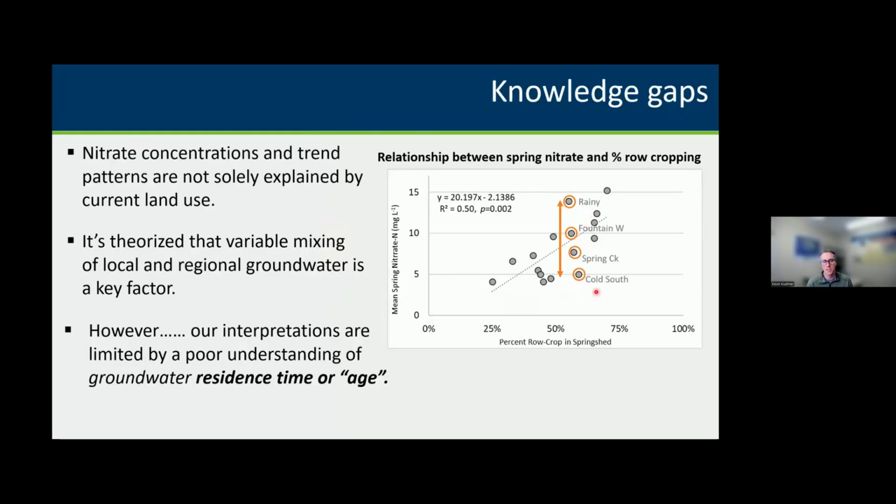In this case, 57%, all these have 57% land use of row cropping, but we have these markedly different nitrate concentrations of between 5 to 15. So I think partly it can, but probably it's coming up with around half of this explanation.